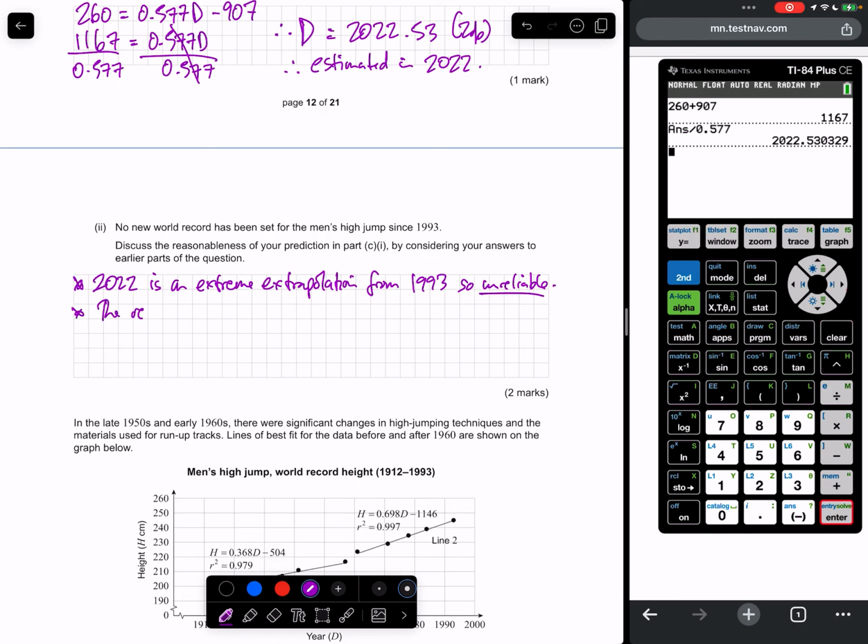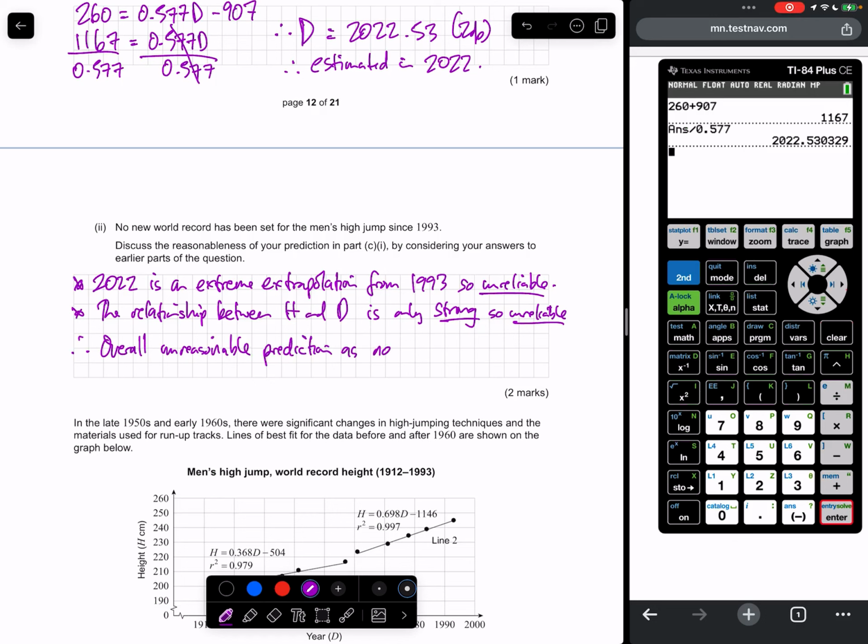The relationship between H and D is only strong, so unreliable. Therefore, overall unreasonable prediction, has no certainty.